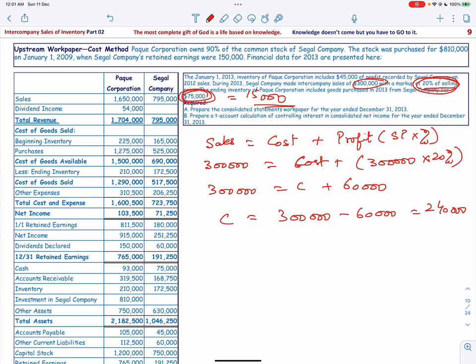Next, let us see how to record the work paper entries. Remember that we are using the cost method, and since the cost method does not keep the investment account up to date, we will establish reciprocity.